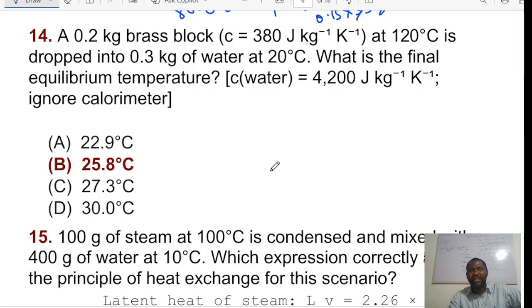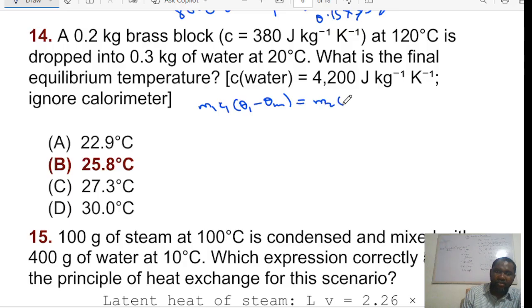What is the final equilibrium temperature? Here we are not given any calorimeter or vessel, so we are going to neglect that. So it's definitely going to be M1C1 (theta 1 minus theta m) is equal to M2C2 (theta m minus theta 2).